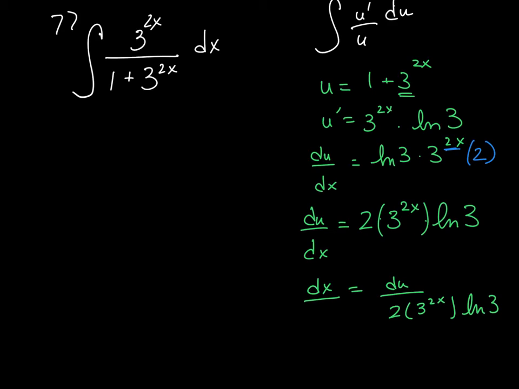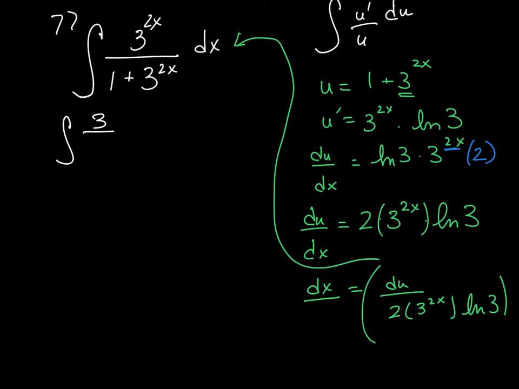So now we take dx and we're going to substitute that back in up here. So now I have the integral of 3 over 1 plus 3 to the 2x times dx, which we will be replacing with du over 2 times 3 to the 2x times the natural log of 3.